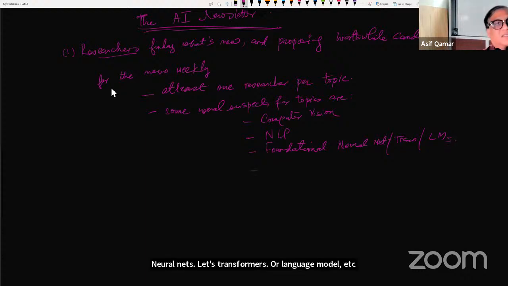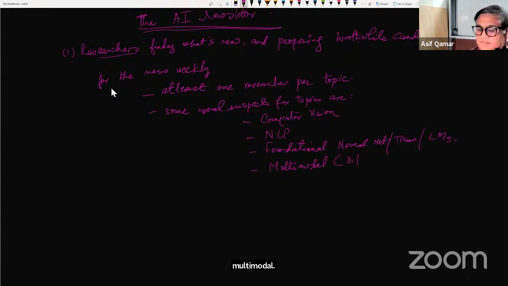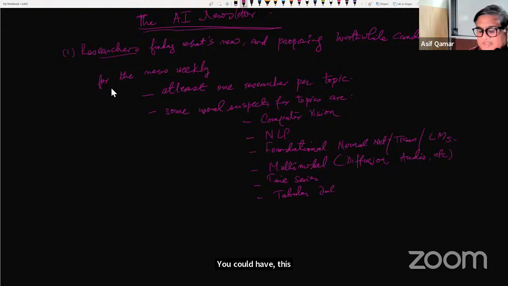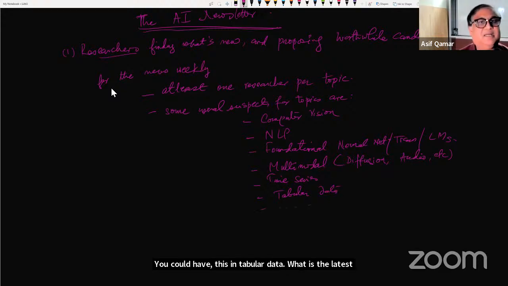You could have a breakthrough in multimodal, like for example diffusion models, diffusion, audio, etc. And you could have breakthroughs in time series. You could have this in tabular data. What is the latest in tabular data, and so forth. And you could go on and pick a few topics.